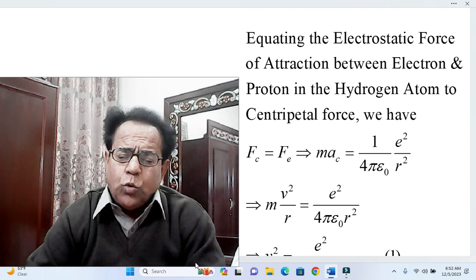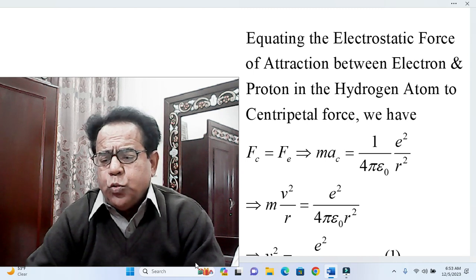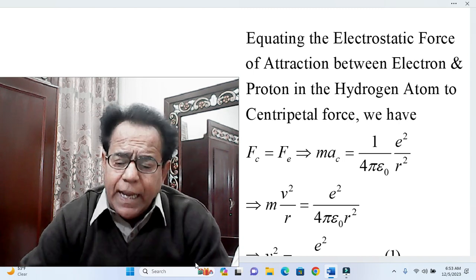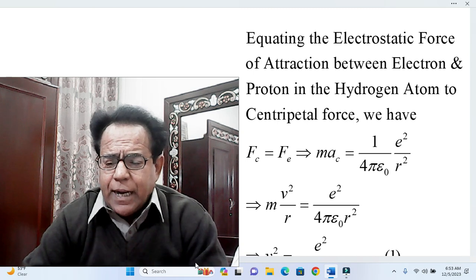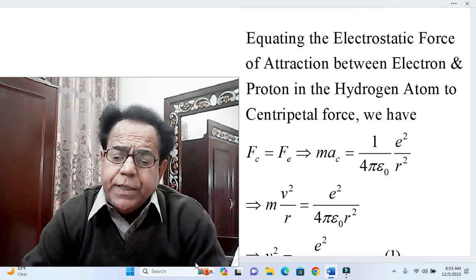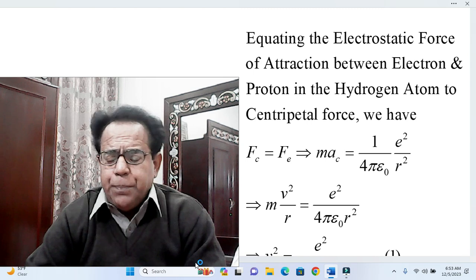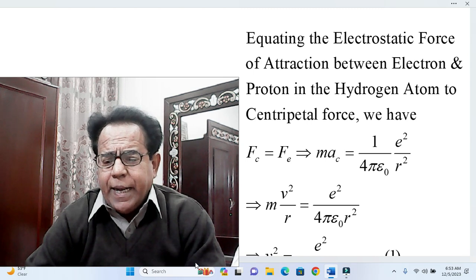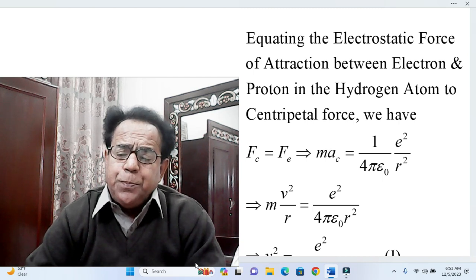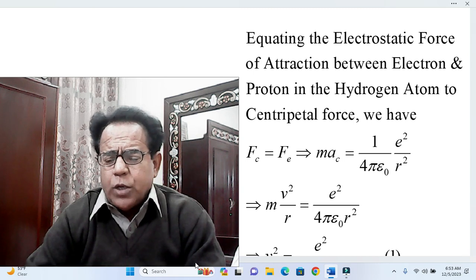Actually, Coulomb's law says that Fe is directly proportional to q1 q2 over r squared. Here q1 is the elementary charge e, and q2 is also e, so in place of q1 q2 we have used e squared. So the electrostatic force is directly proportional to the product of charges and inversely proportional to the square of the distance between them, while 1 over 4 pi epsilon naught is a constant.